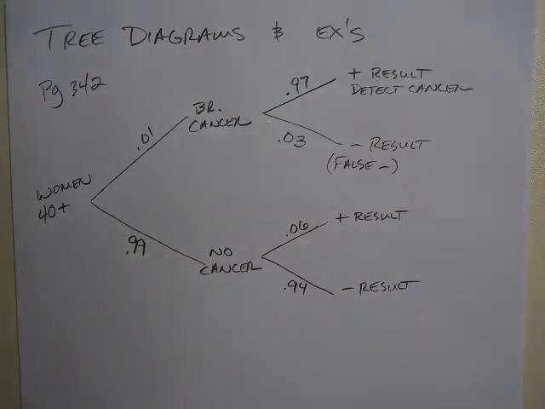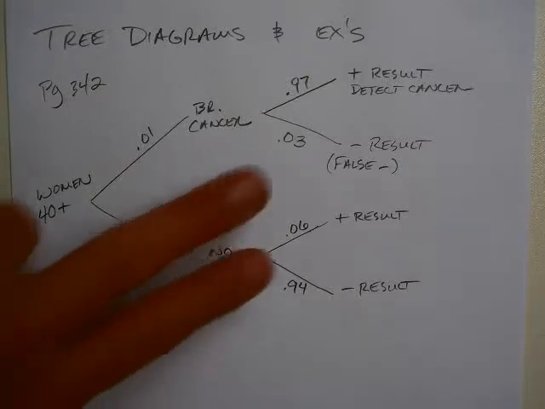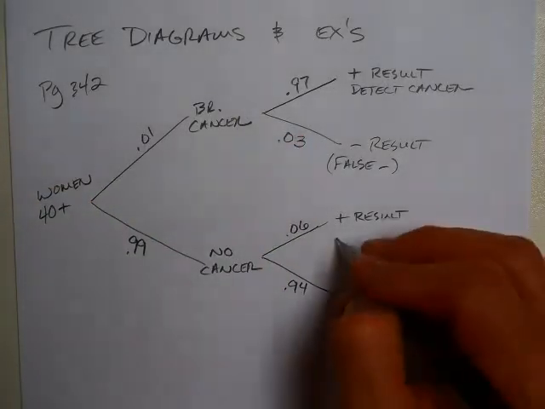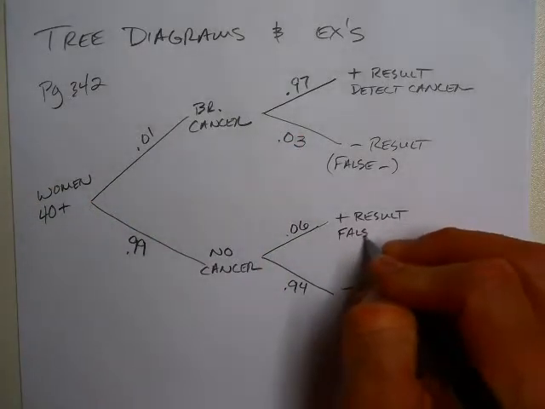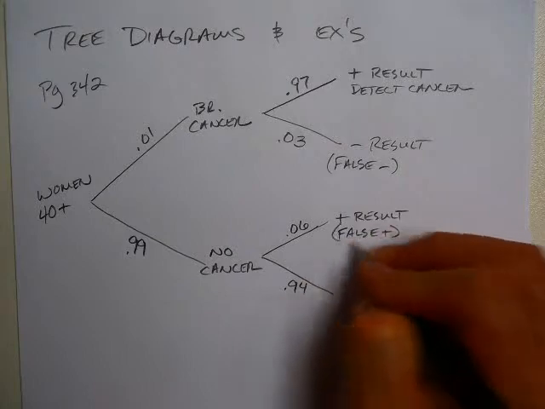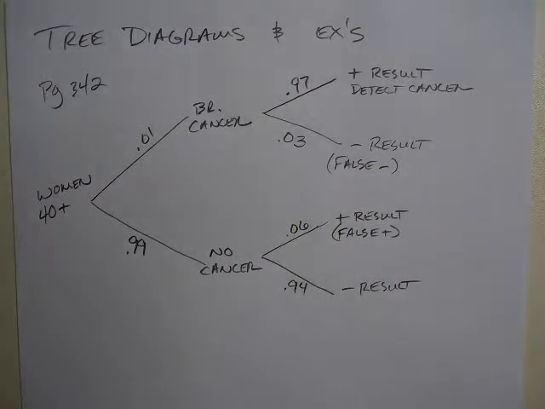Right? So, which of these two, this would be a false positive, by the way, which of these two would be more serious in this situation? The false negative or the false positive?